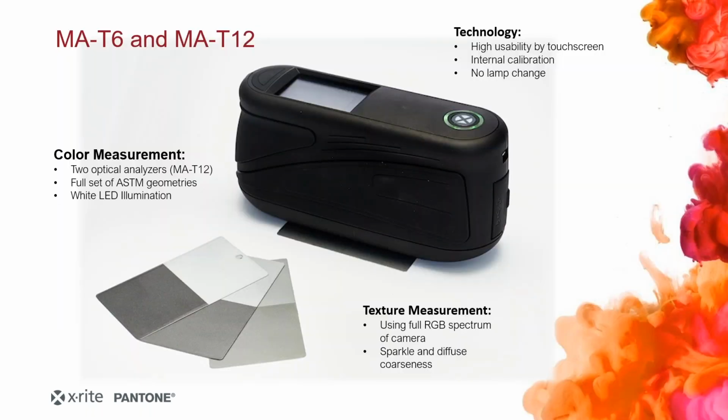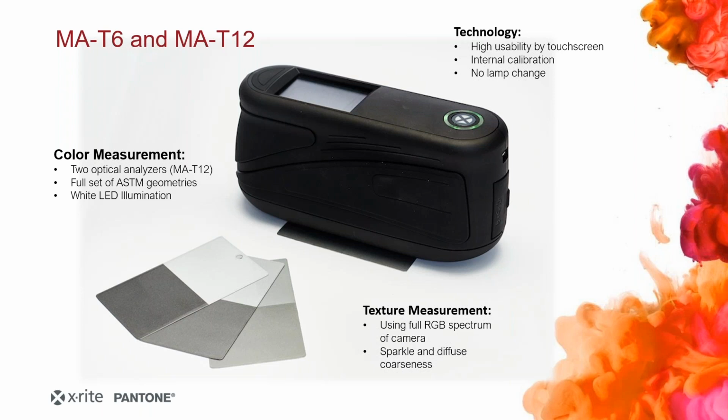First, the model overview. The MAT6 and MAT12 are two new multi-angle instruments from X-Rite. The MAT12 has two analyzers in the instrument, and the MAT6 has one analyzer, and the measurements fulfill the full set of ASTM geometries.